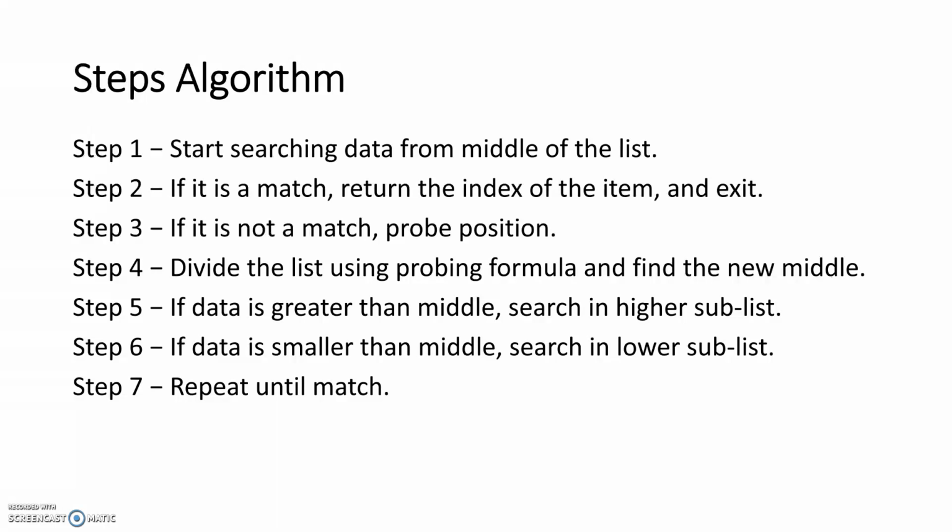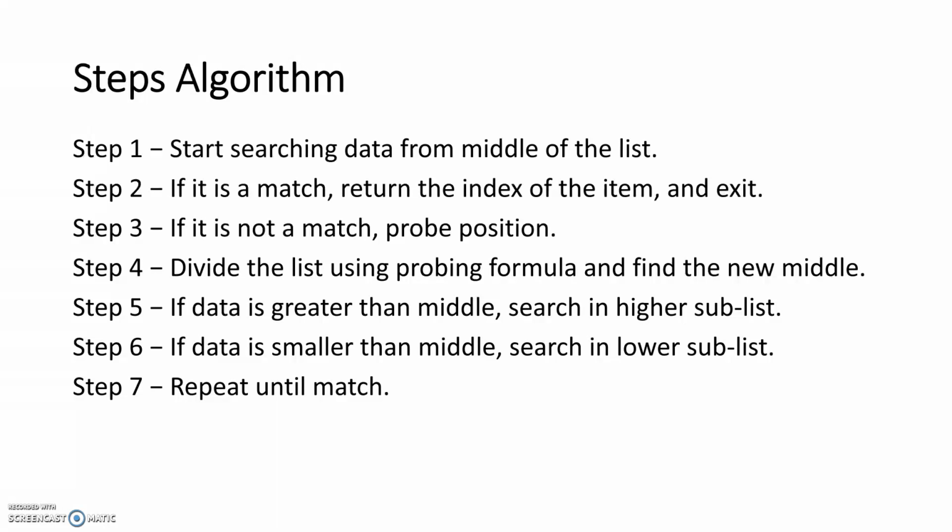So step 3, if it is not a match, we calculate the probe position. Step 4, divide the list using the probing formula and find the new middle index. Step 5, if the data is greater than the middle, then we search in the higher sublist. If the data is smaller than the middle, we search in the lower sublist. And we repeat until we find the item we really want to find.